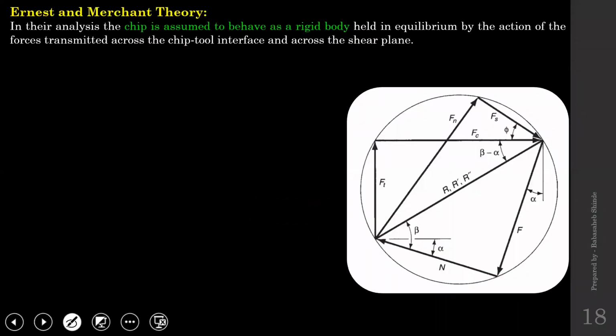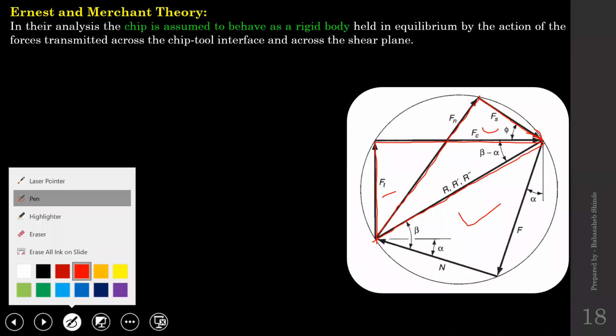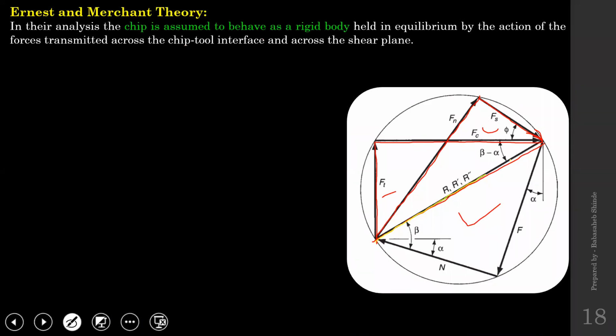Okay, so when you combine these three figures, you will get this one. So how have we combined? This is our cutting force FC. This is thrust force FT, a resultant of those two. Then shear force Fs, normal component of shear force Fn, and resultant of those two, again the same resultant component.